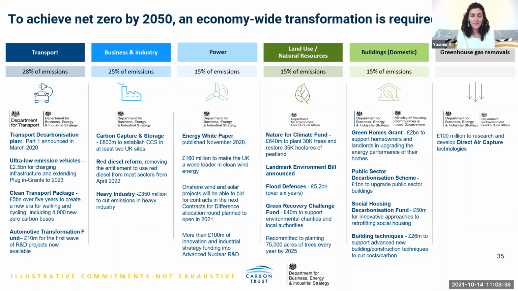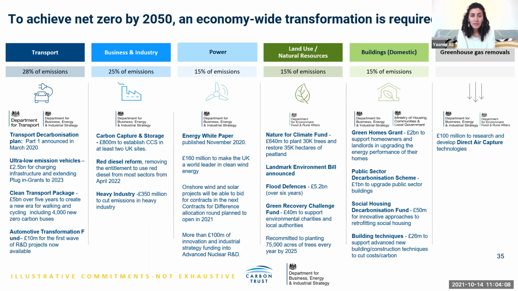There are lots and lots of different areas we need to decarbonize. So if I put aside some of the big ones like transport and power and buildings, we're still left with industry, which accounts for about 25% of emissions. So it's a really big chunk of the emissions. And this is what we're trying to tackle to help us to get to that net zero target by 2050.